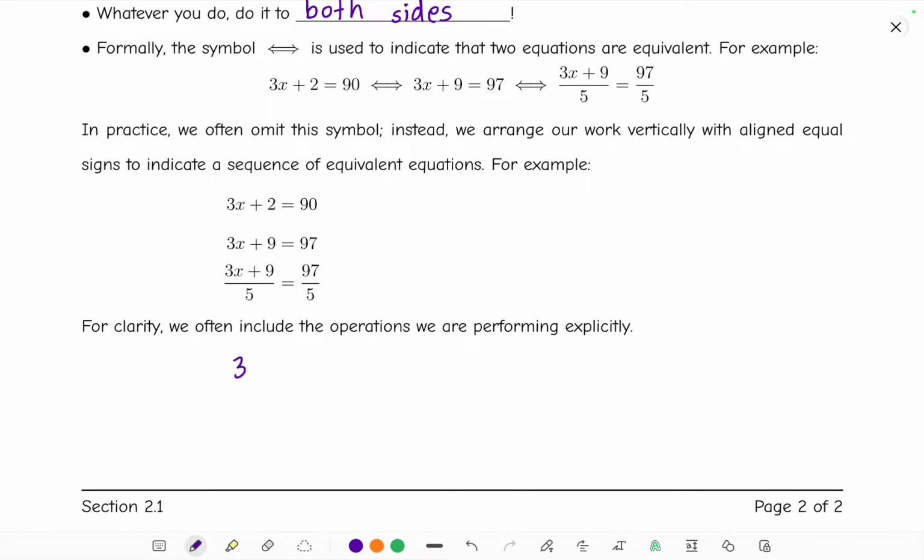So for example, if we start with the 3x plus 2 equals 90, instead of going straight to 3x plus 9 equals 97, we'd write plus 7, and then usually a line to separate them. And then we would divide by 5 to get the final equation. And that is it for section 2.1.